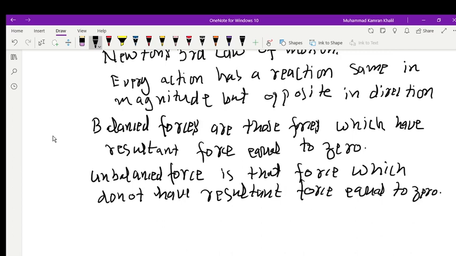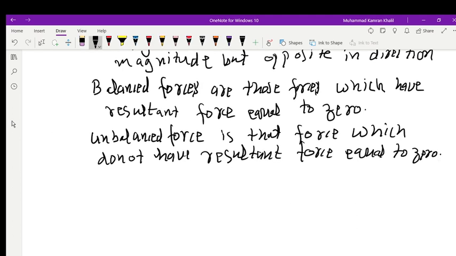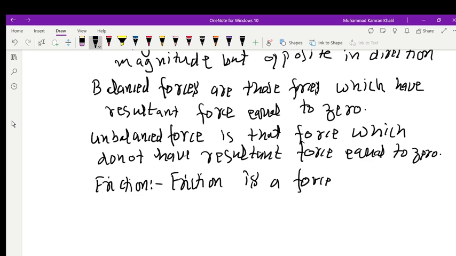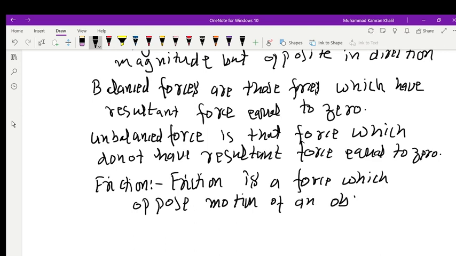Then the definition of friction. What is meant by friction? So friction is a force which opposes the motion of an object.